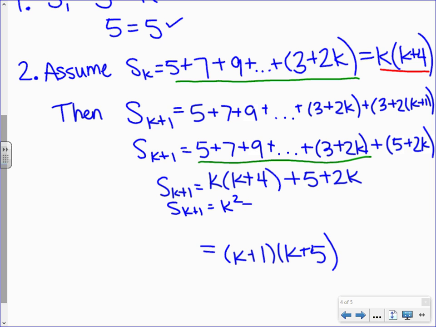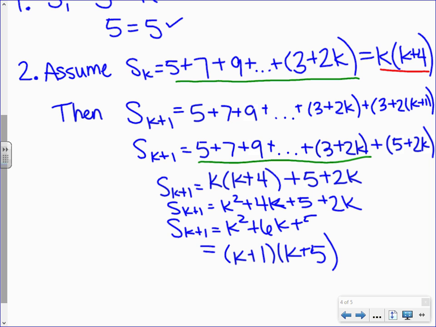So we have k squared plus 4k plus 5 plus 2k. And so then if we combine like terms, we have k squared plus 6k plus 5. K squared plus 6k plus 5 factors to k plus 1 times k plus 5.